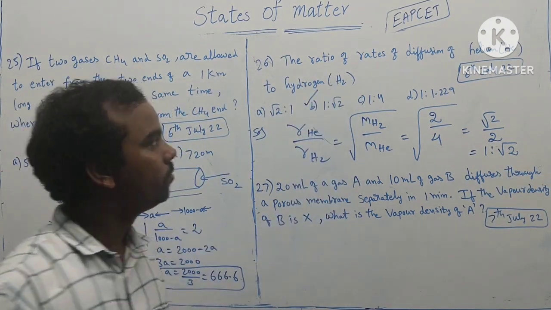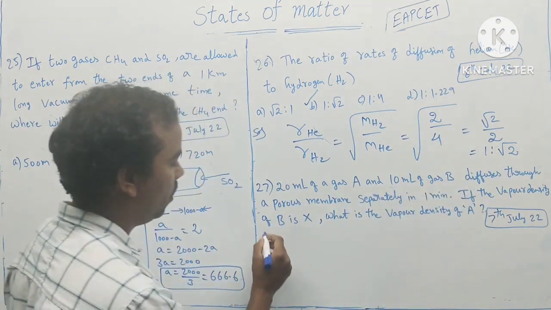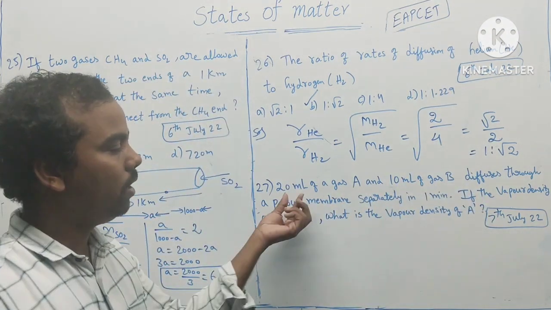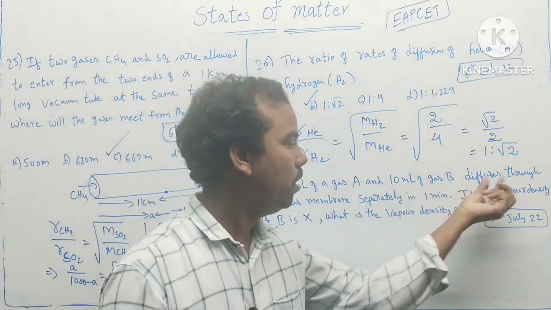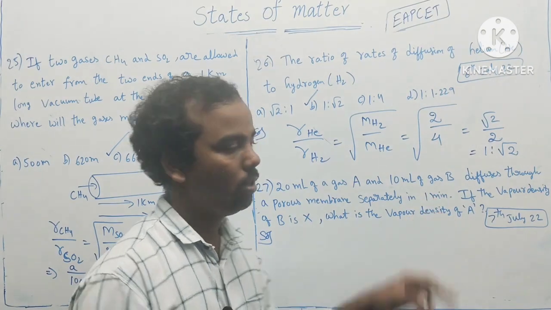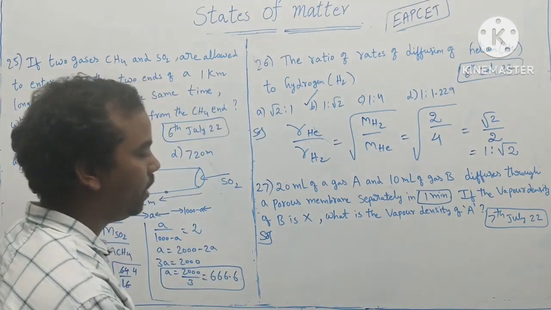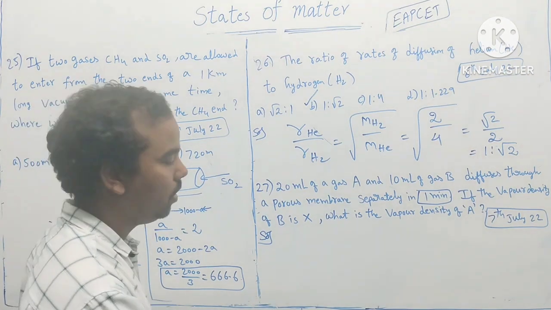So option B. Next question: 20 ml of a gas A and 10 ml of a gas B. Two gases, one is 20 ml volume, another one 10 ml volume, diffuse through a porous membrane separately in 1 minute, time constant. If the vapor density of B is X, what is the vapor density of A? Very easy.